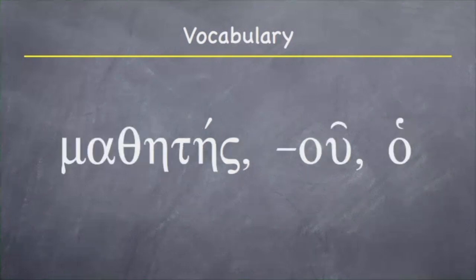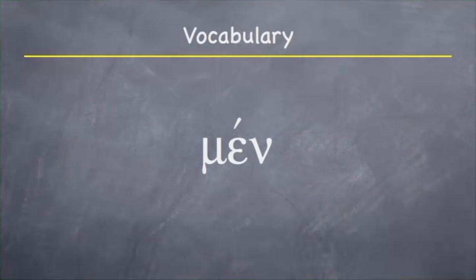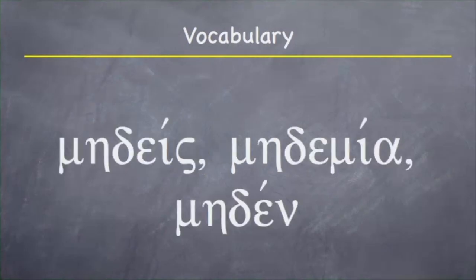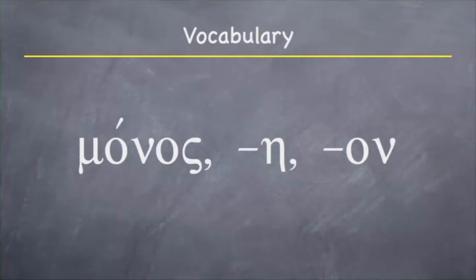Mathetes, mathetou, ho: disciple. Men: on the one hand, indeed. Medeis, medemia, meden: no one, nothing. Monos, mone, monon: alone, only.